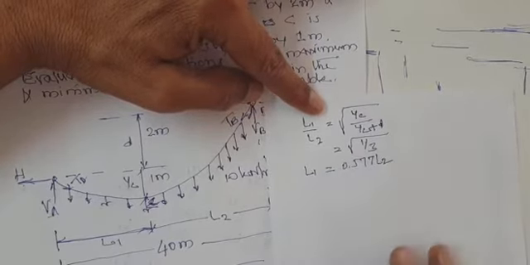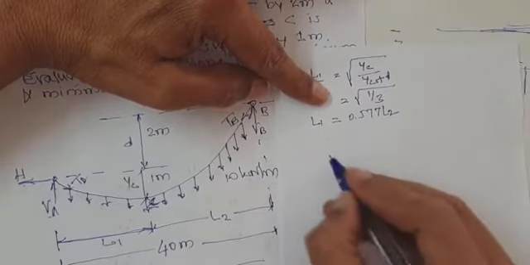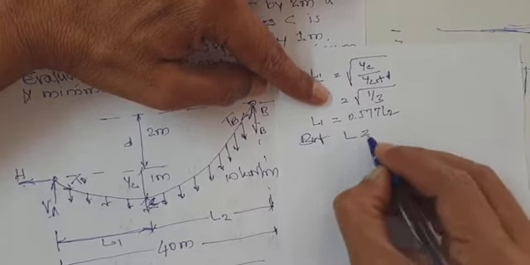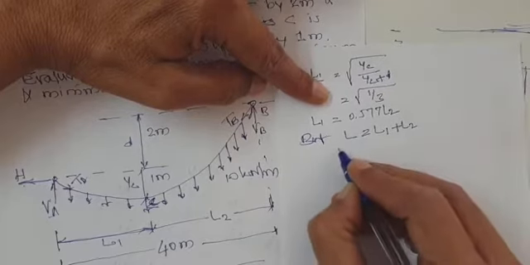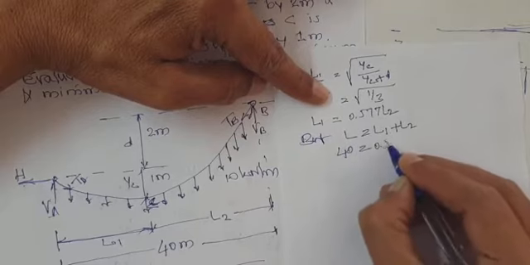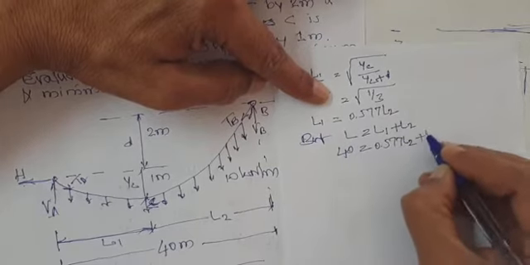0.577 L2. So one, you get L1 in terms of L2. But L is equal to L1 plus L2, and this L is 40. L1 is 0.577 L2, plus L2.